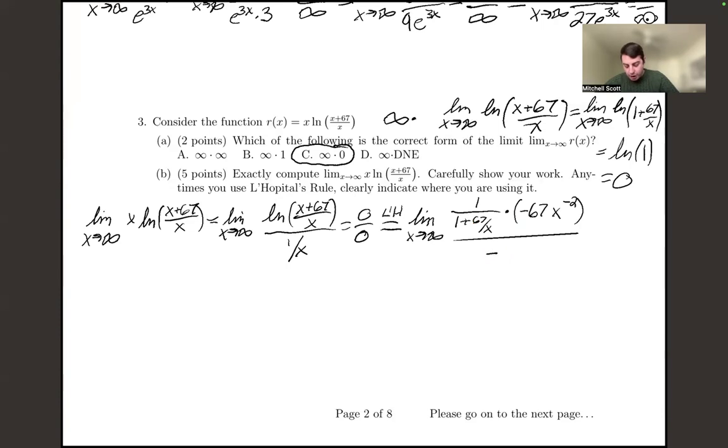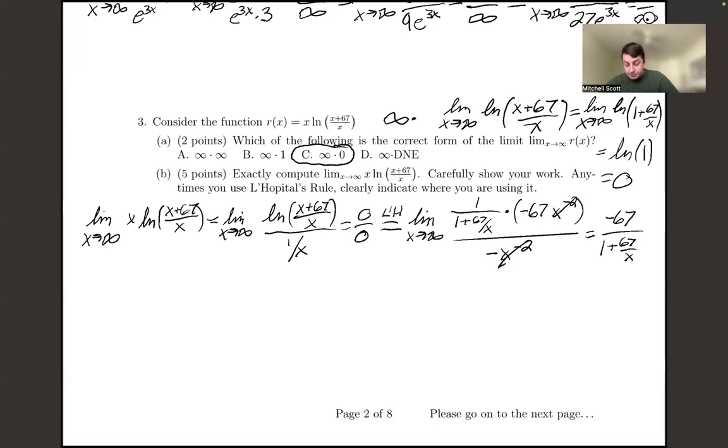By the power rule, we get 1, x to the minus 2. Okay, so now the math became really easy because I see that there's an x to the minus 2 here and an x to the minus 2 here, right? Okay, so that means I can get rid of them, and we get minus 67 over 1 plus 67 over x as our answer.